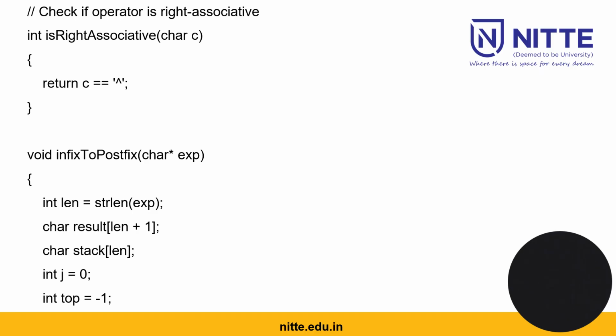So I will check it with a function called isRightAssociative, and I will give the character c. So int isRightAssociative(char c) will return true for the raised-to operator.